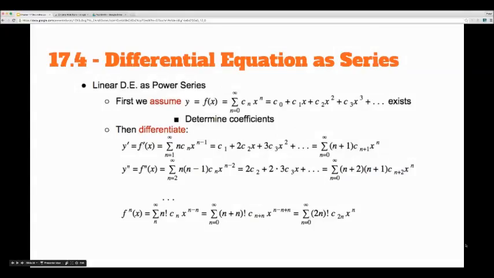Let's talk about linear differential equations represented as power series. So first we have to assume that an infinite series from 0 to infinity, Cn x to the n, exists for some function of x or y, our given differential equation's function.